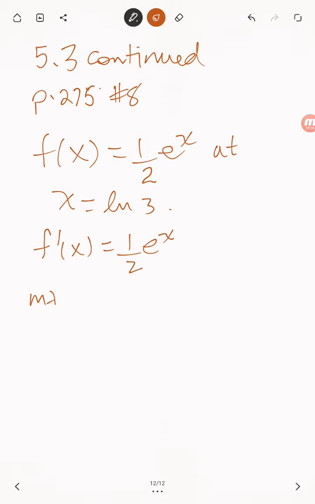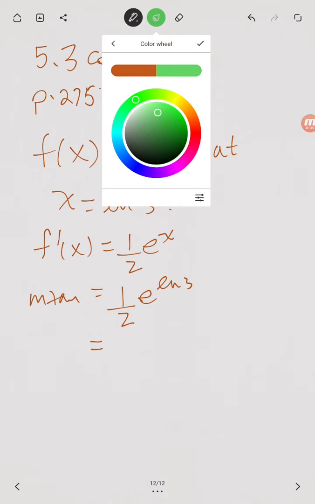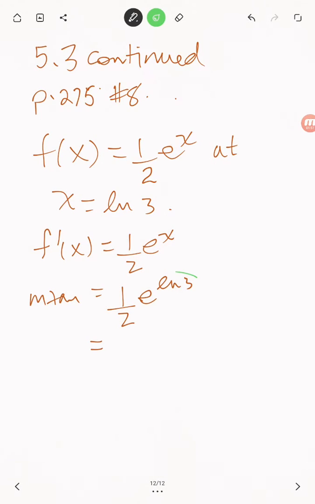To get the slope of the tangent now, we would just substitute in the value of x into the derivative. So 1/2 e to the ln 3. And also from your useful list, you should recognize the property e to the ln x is equal to x, so I can replace e to the ln 3 with 3.